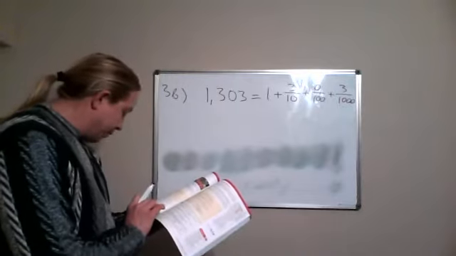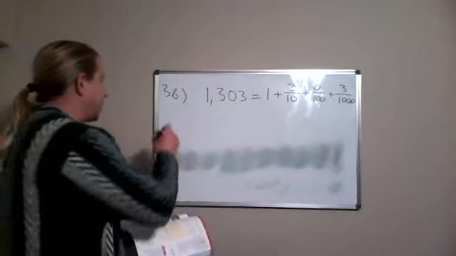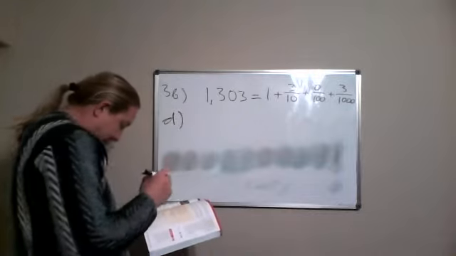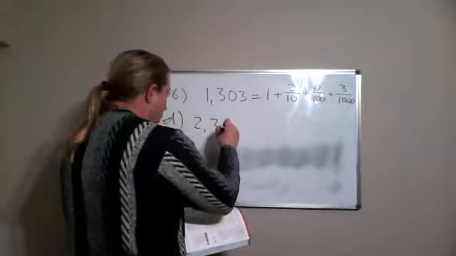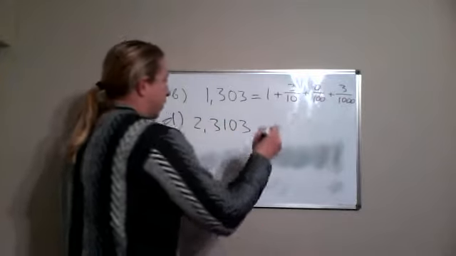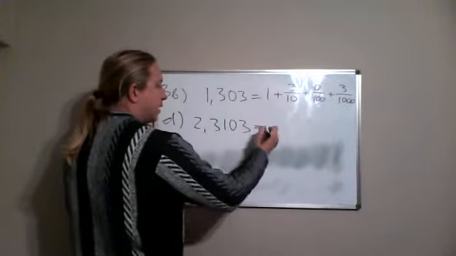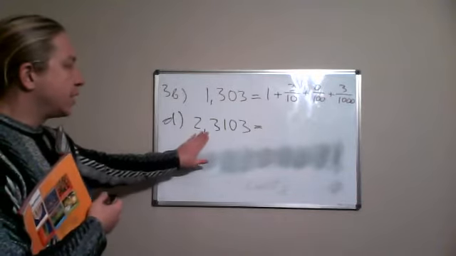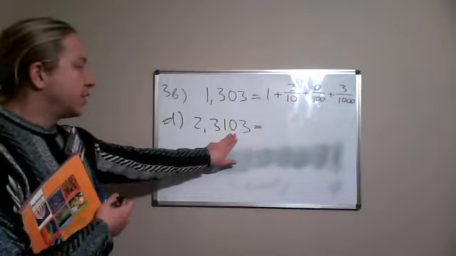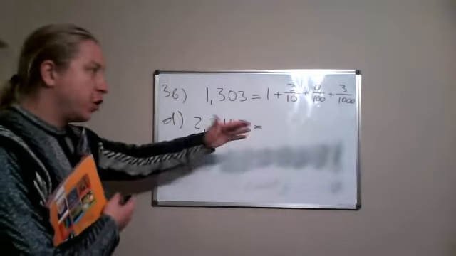Let's do D. So we have 2.3103. Okay, so nothing difficult. Guys, just remember how this works, okay? Whole parts, tens, hundreds, thousands, 10,000s, and just follow in order.